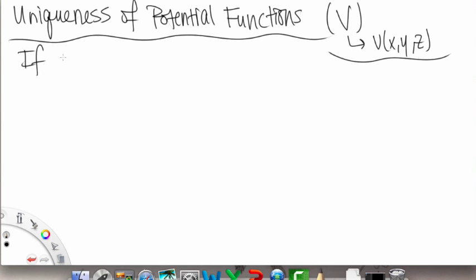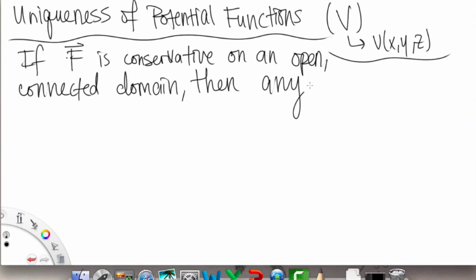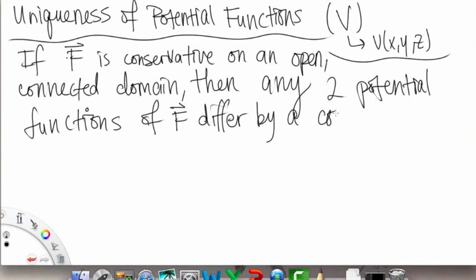So if f is conservative on an open, and I'll explain what these mean, open connected domain, then any 2 potential functions of f, I'm almost done, differ by a constant.